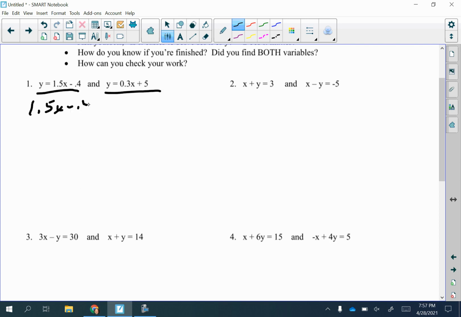1.5x minus 0.4 equals 0.3x plus 5. All right. So again, we want to move the smaller of the 2 over, and 0.3 is smaller than 1.5x. All right, so I'm going to move the 0.3 over by subtracting it.